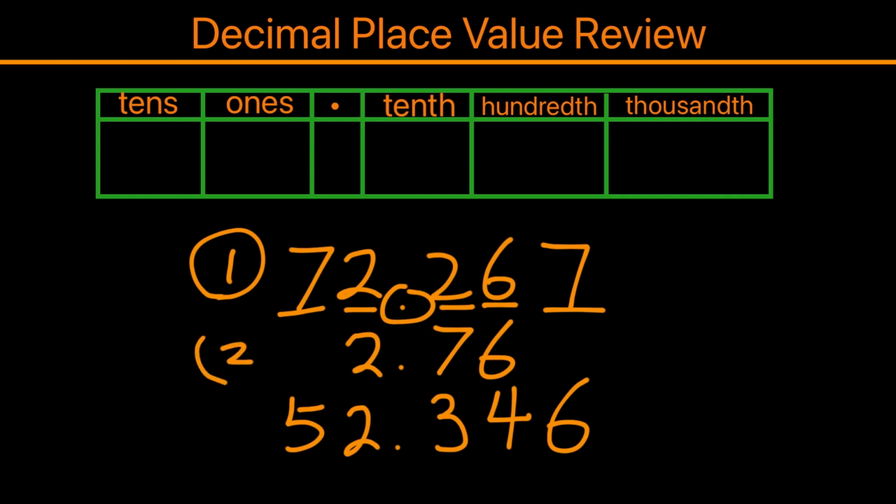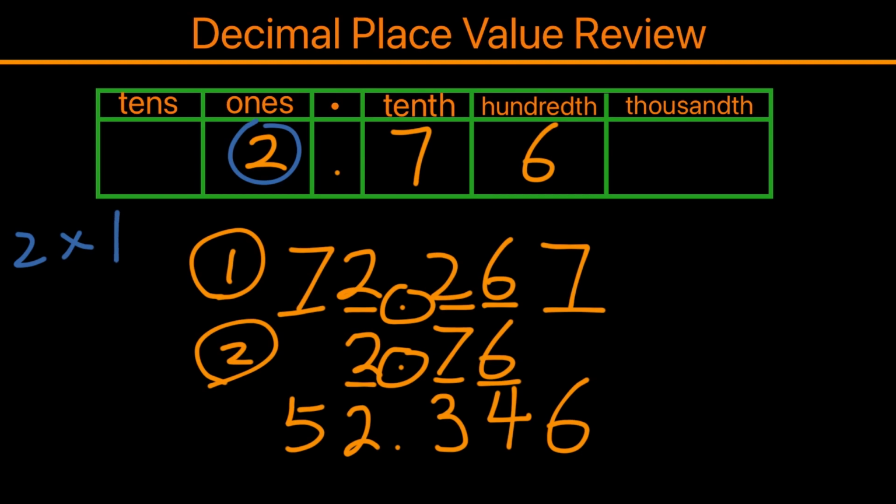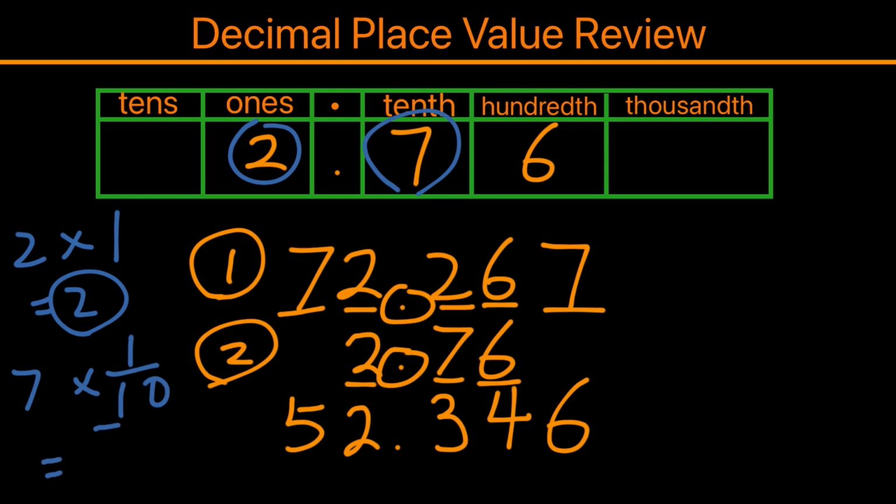Now for example 2, we have 2.76. So we want to first take the decimal point and align it with the place value chart. We see the number 2 right before the decimal, and that's where we will place it. And the number 7 right after, so we'll place it here. And then the 6 goes after that. So by looking at this, we know that there are 2 ones, which equals 2, and the 7 in the tenths position means 7 times 1/10, which equals 7 tenths.